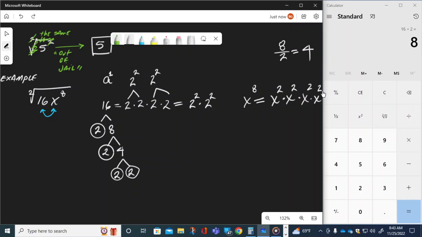So now that you have these numbers with the right exponent, you know that this 2 gets out of jail because it has the right exponent. Okay, let's do the right representation so that you understand.